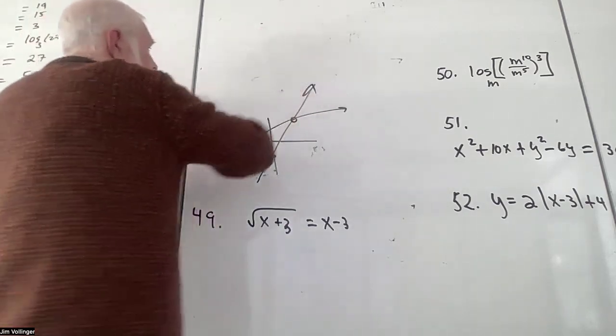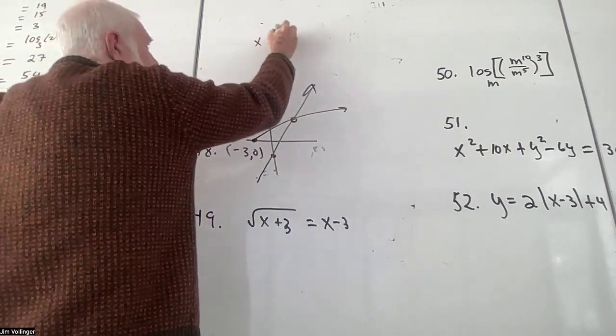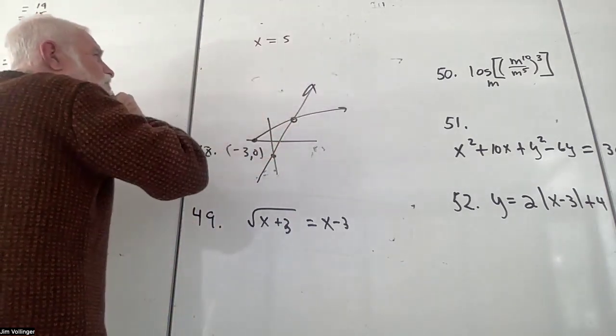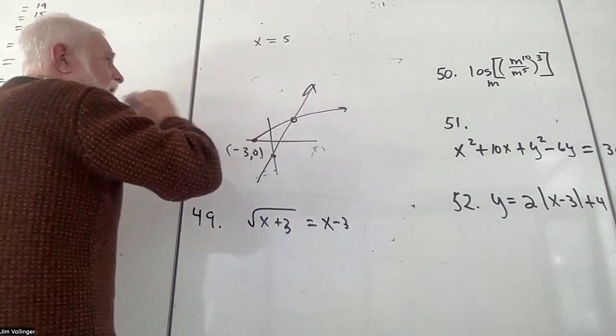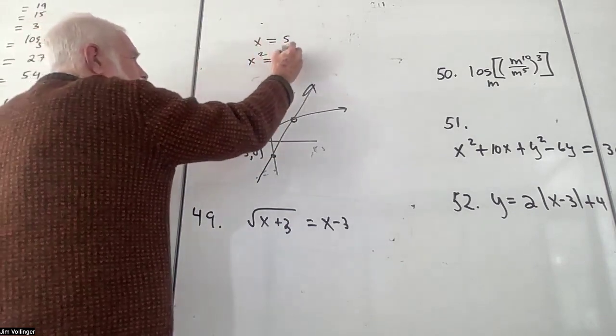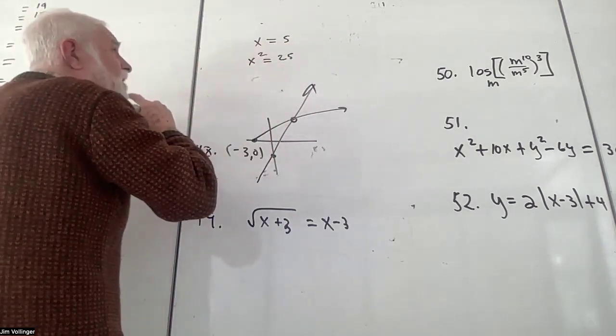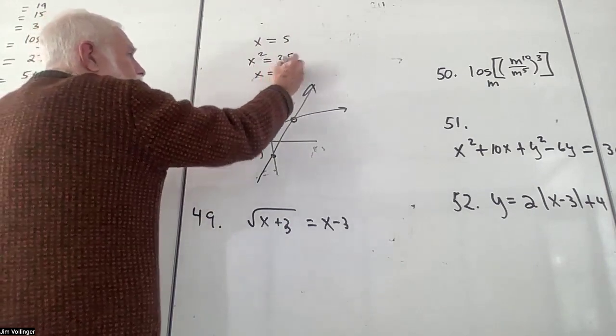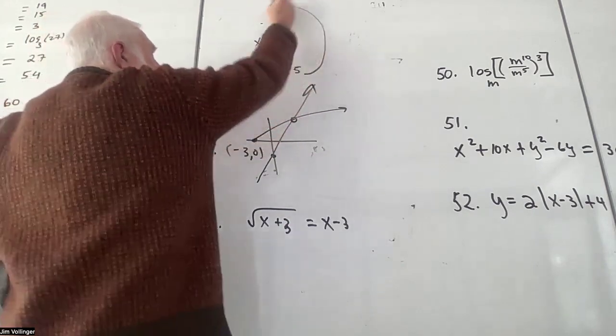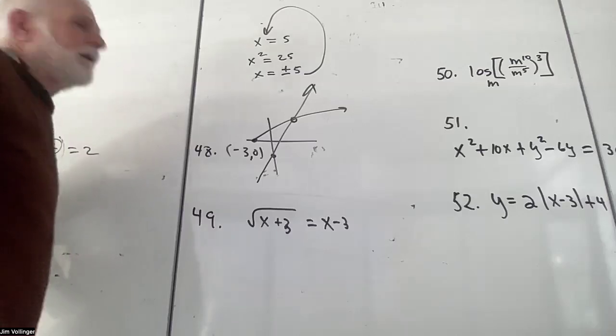Let's start with an equation. Let's say x equals 5. There's an equation. How many solutions? 1. Let's square both sides. How many solutions? 2. Do both solutions work in this equation?